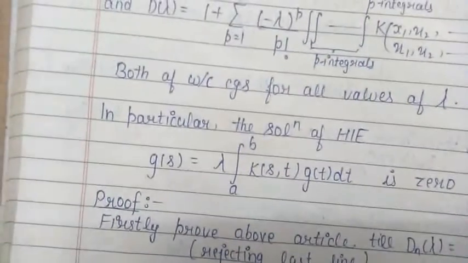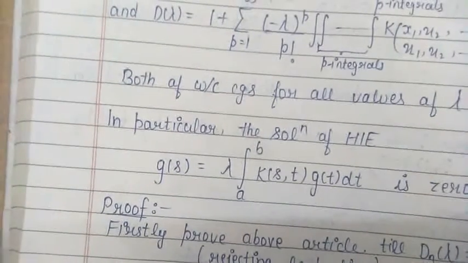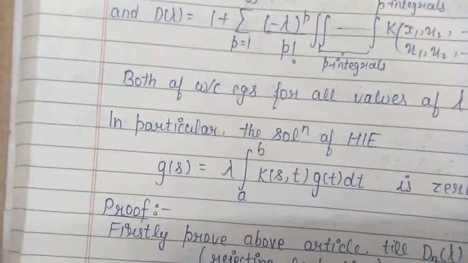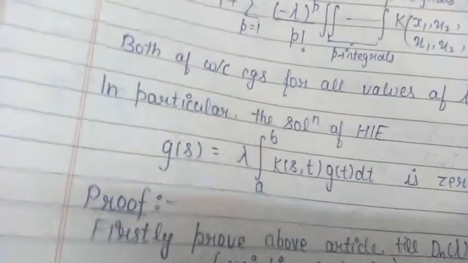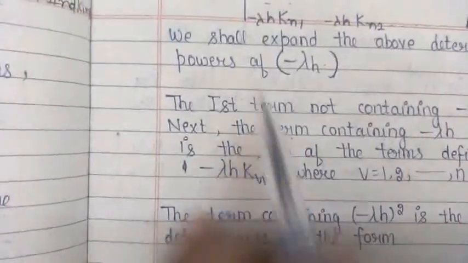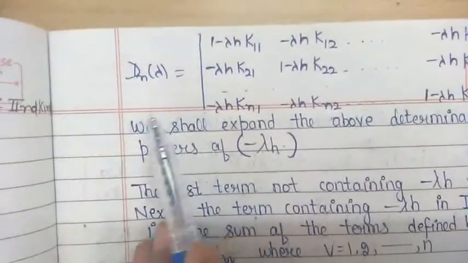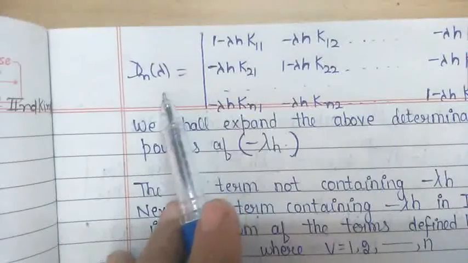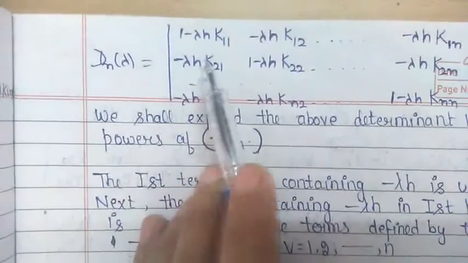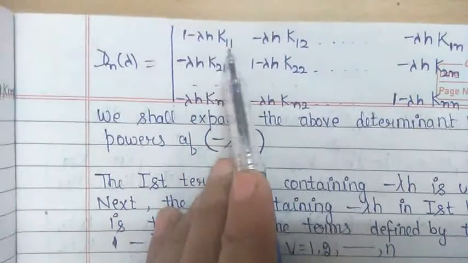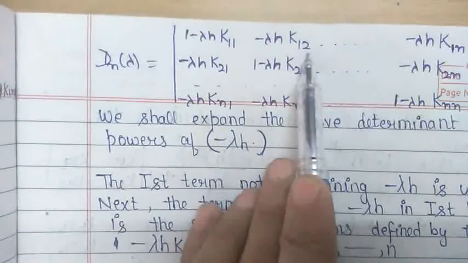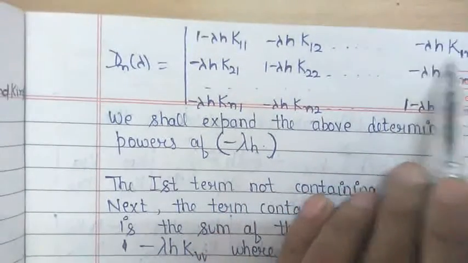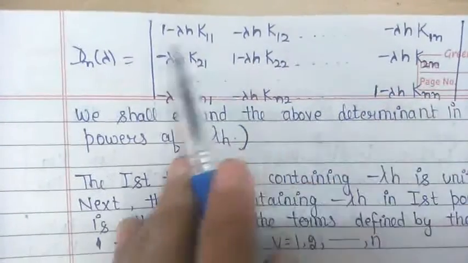In order to prove this theorem you will first have to do the Fredholm method of solution which I explained yesterday. Till this step you will do from there. We obtained the value of the Fredholm determinant D_n(lambda) given by 1 minus lambda h k11, minus lambda h k12 and so on, minus lambda h k1n in the first row.